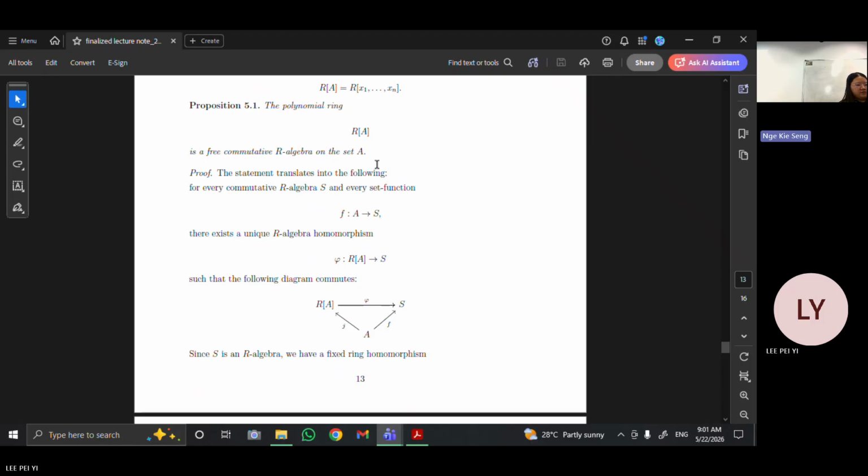This means that every function f: A → S into a commutative R-algebra S extends uniquely to an R-algebra homomorphism φ: R[A] → S. In the proof we use the extension property of the polynomial ring.